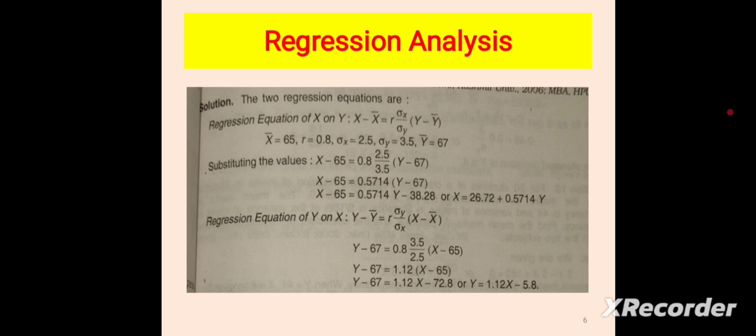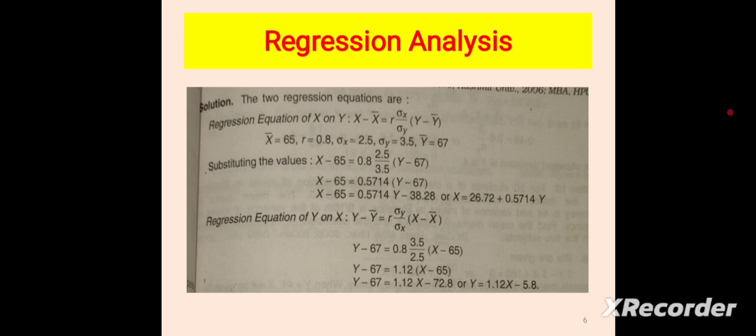Next, in the same way, the regression equation of y on x. So y minus y bar, which is 67, is equal to r, 0.8, into sigma y, the standard deviation of y, 3.5, by sigma x, the standard deviation of x, 2.5, into x minus x bar, 65.